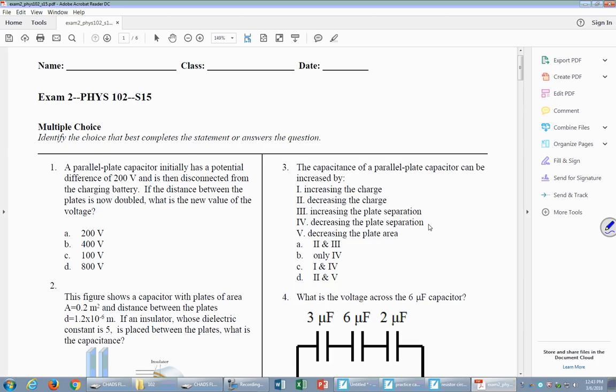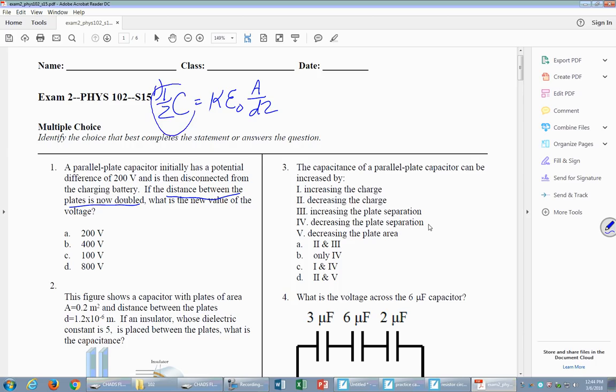Okay, on these, we saw these in the concept test, and there are a couple of steps you have to go through. First of all, ask yourself, what is happening to the capacitor? The capacitance is kappa epsilon naught A over D. Here the distance is being doubled, so the capacitance is decreasing by a factor of a half.